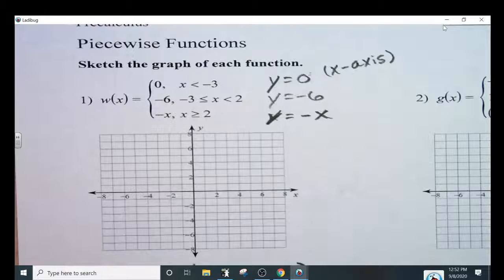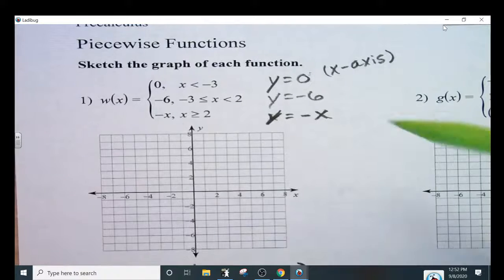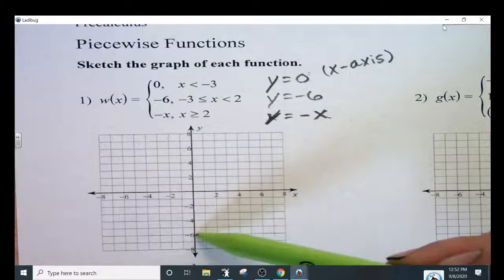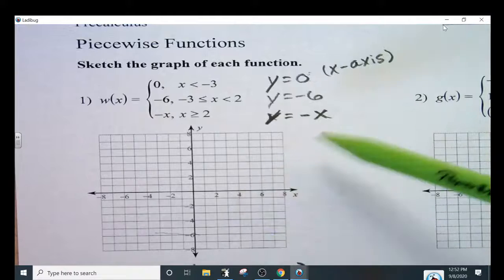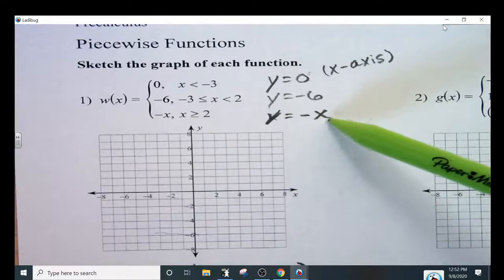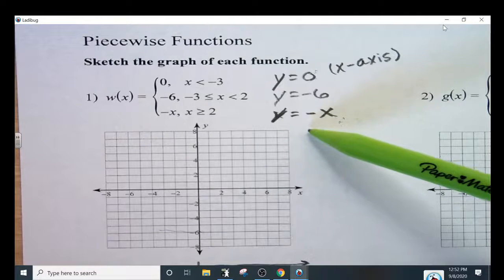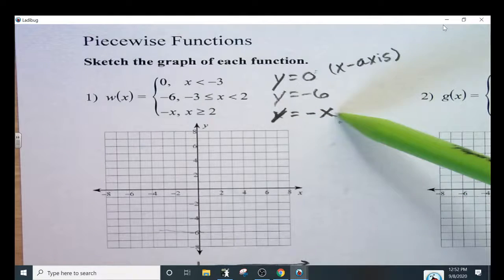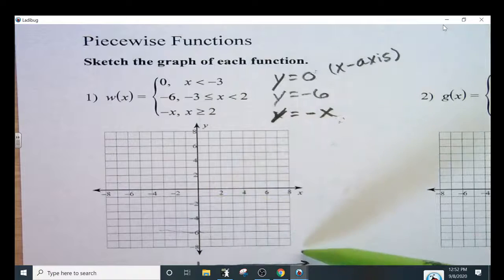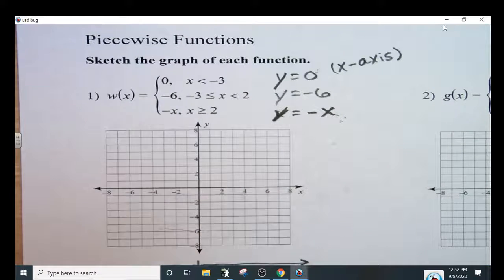Y equals negative 6 will be down here. Okay? And y equals negative x, guys, you can put that in your calculator. That is a parent function with a negative slope. Okay? Y equals negative x. That'll be going down like this. All right. See what you can do with it. Just try this, just to see how far you can get with it. All right. And then we'll come back together.